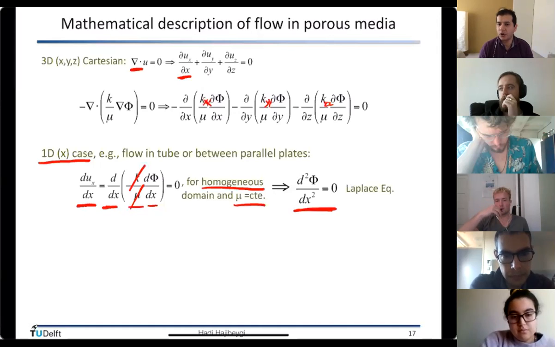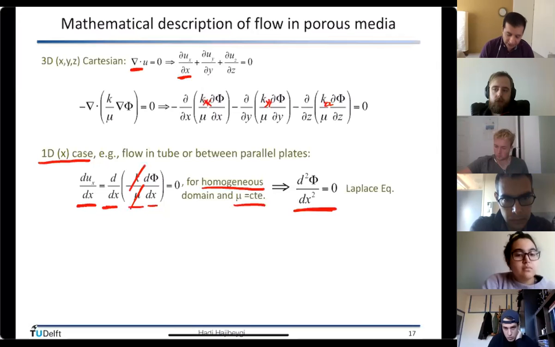When k and mu are constant, my second derivative of potential over space would be 0. If I write it based on z, it would be d second of phi with respect to z equals 0. Now, if I integrate that, what function is it?